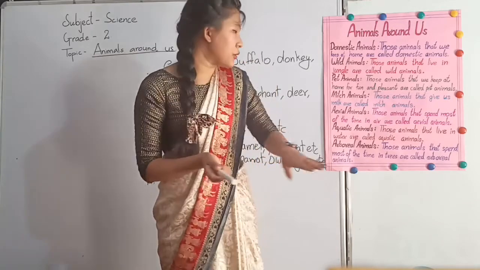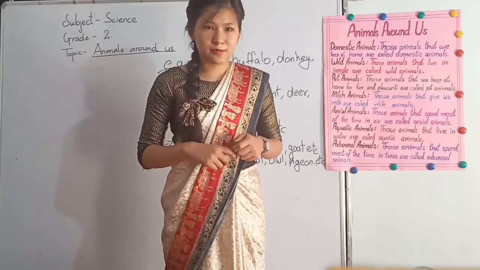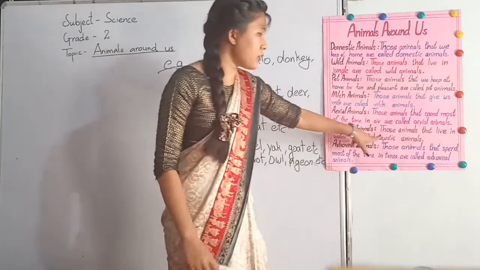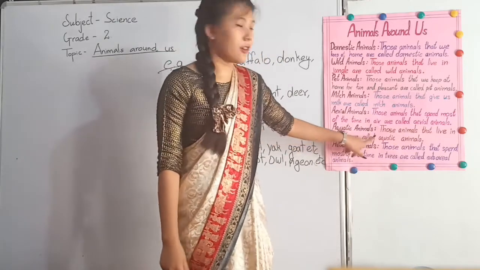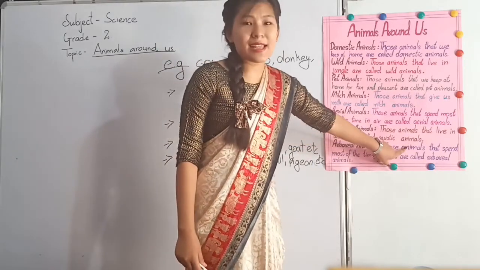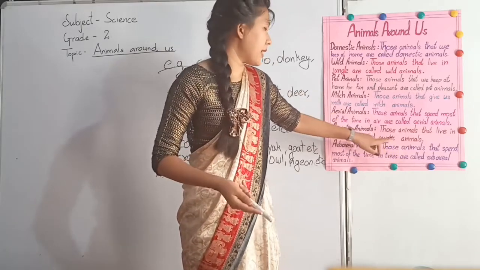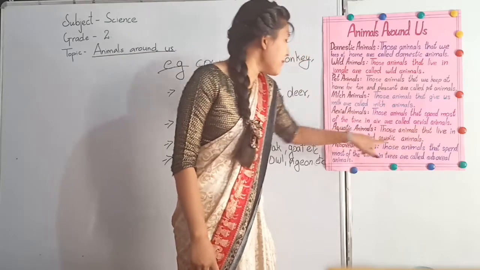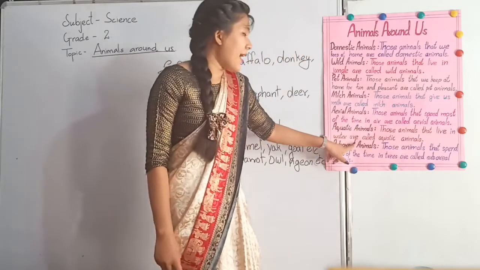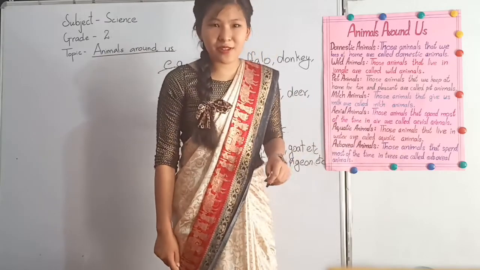Now let's go to the definition of aquatic animals. Those animals that live in water are called aquatic animals. Let's repeat once again. Those animals that live in water are called aquatic animals. Very good.